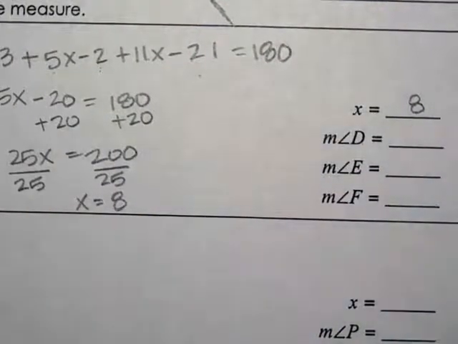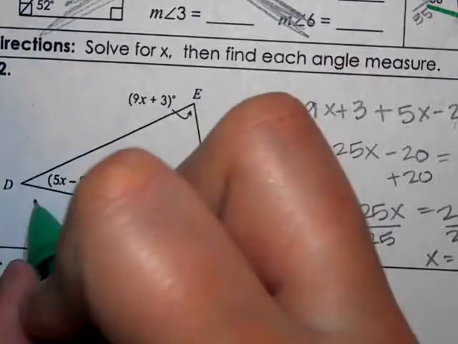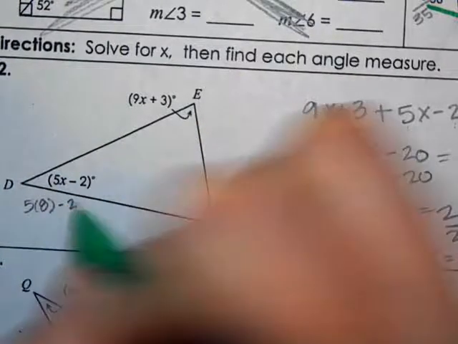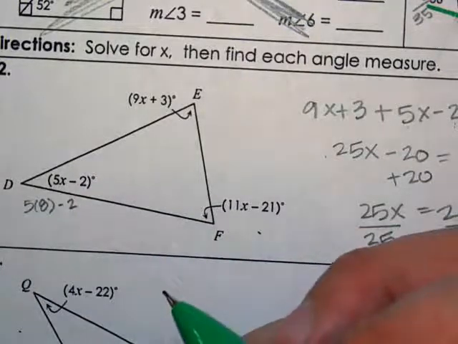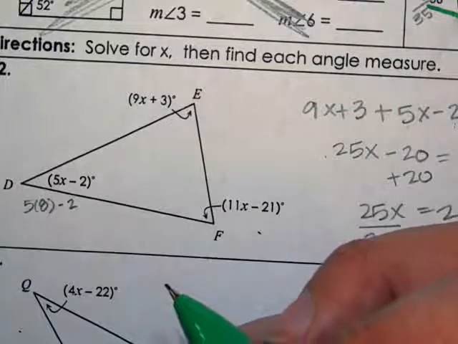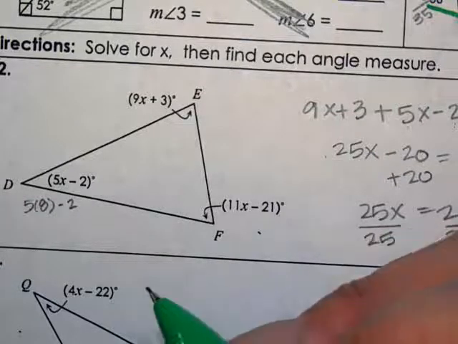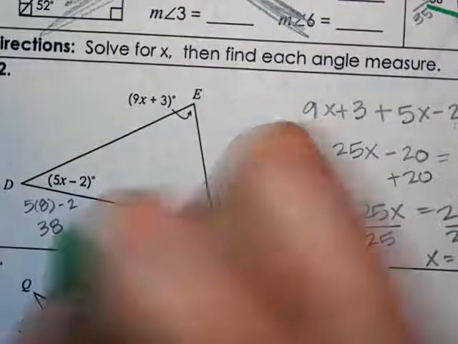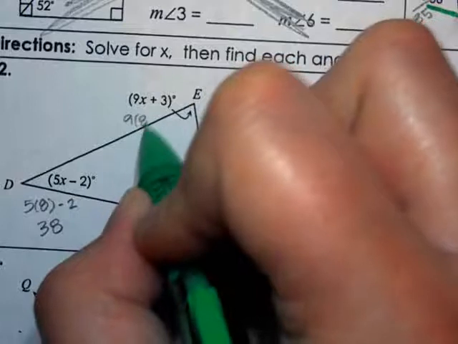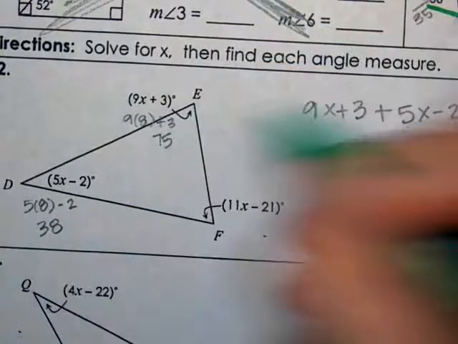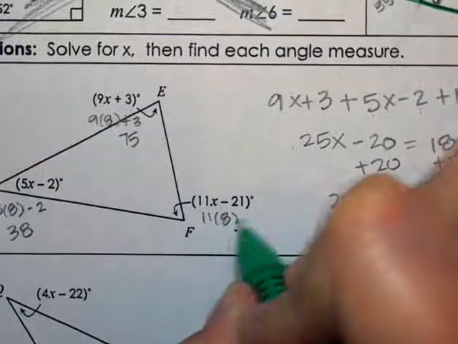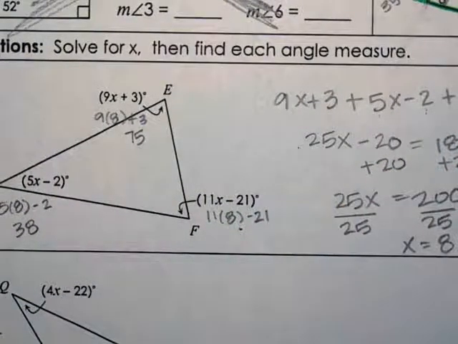Okay, so for D, we're going to do 5 times 8 minus 2, 40 minus 2, 38, okay. 9 times 8 plus 3, 72 plus 3, okay. 11 times 8 minus 21, 88 minus 21, 67, yeah, okay.